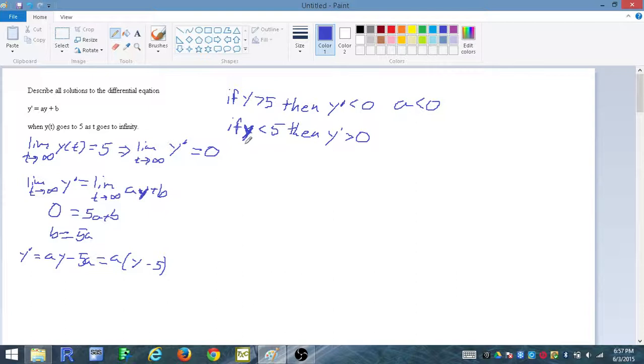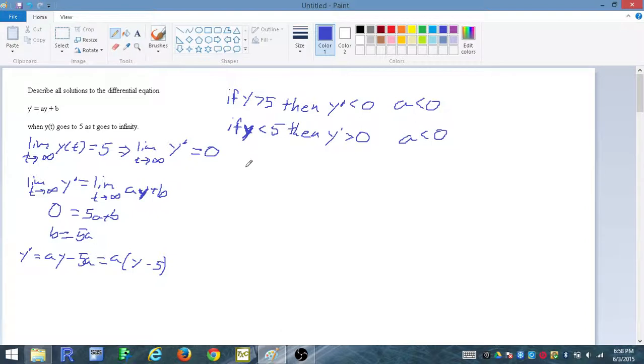If y is less than 5 for large values of t, down here we're going to get a negative value. All right, a negative times a has to be positive, so therefore a is negative. All right, and that describes all of the situations that we have here. So we know that a has to be negative.